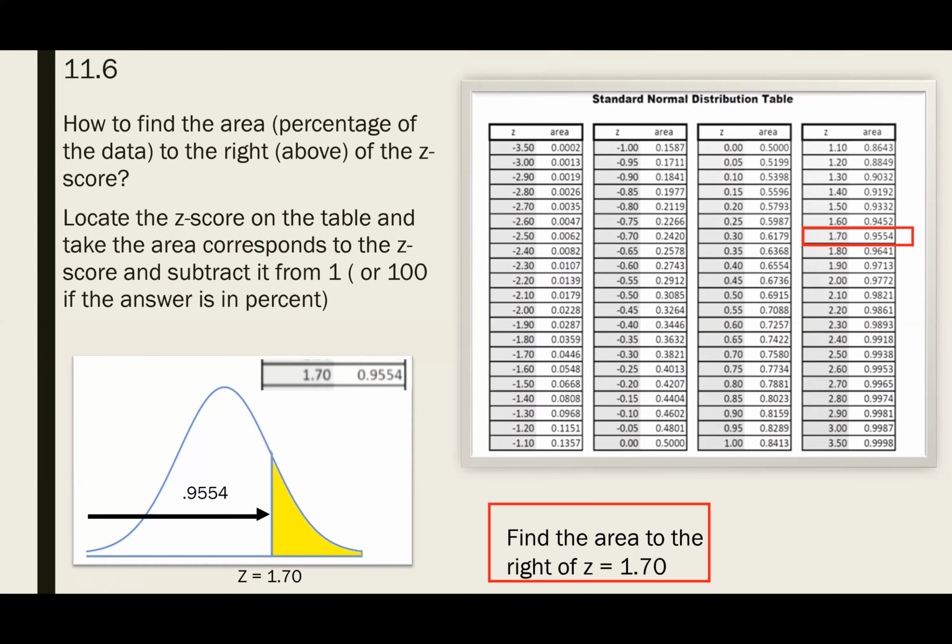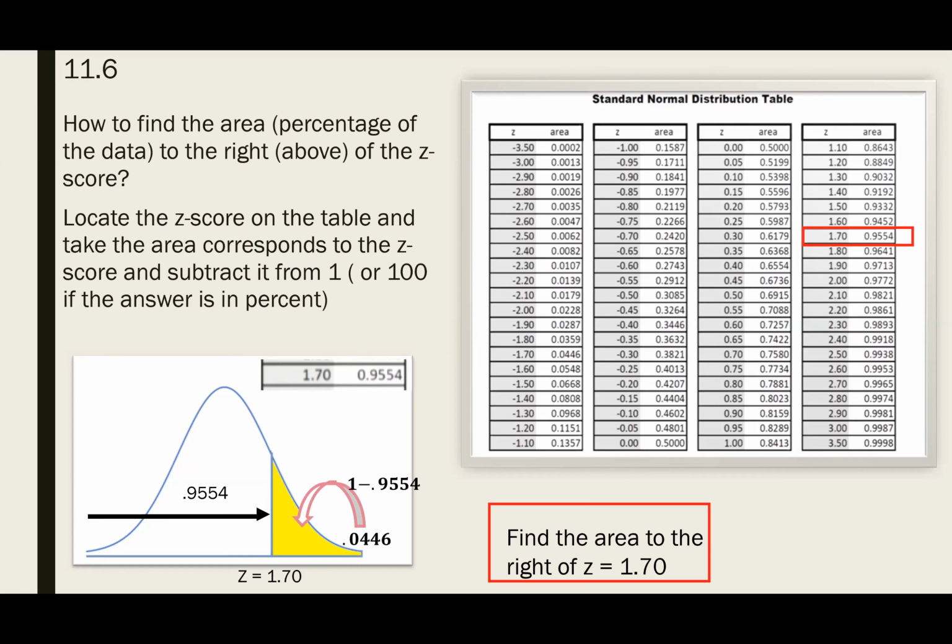The table only gives you the area to the left, but now they ask you for the area to the right. How do I find the leftover? The total area. To find the area to the right, you need to take 1 minus this answer from the chart. So 1 minus this, you can see that's the leftover.